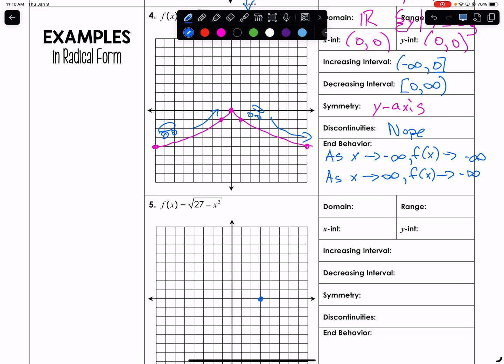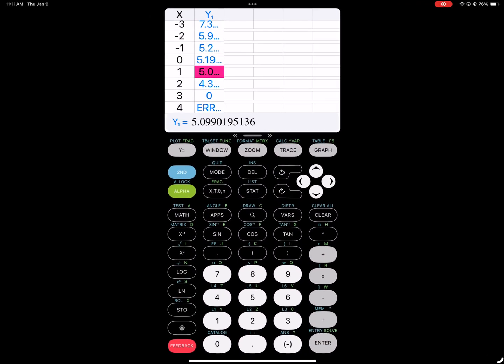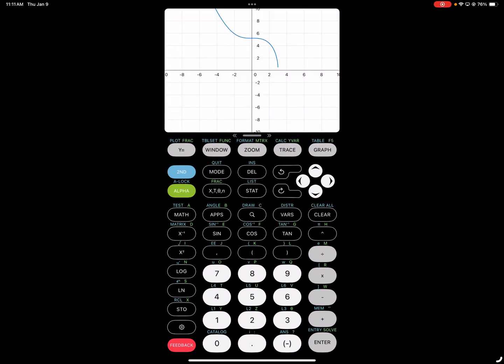And then we're asked what the y-intercept is, so it makes sense to figure that out. So we look where x is 0, what's y? Look at your table. Somebody tell me. 5.19, so 5.2. So 1, 2, 3, 4, 5.2. About there. Right? And then we need to figure out where it goes off the graph. So if you look at your graph, it goes off a little after -4.